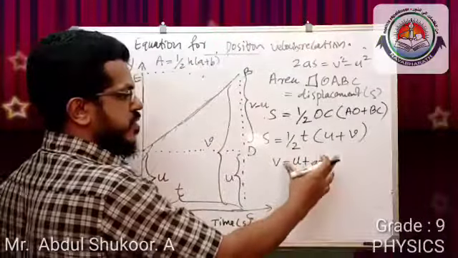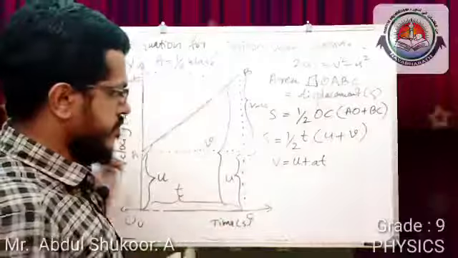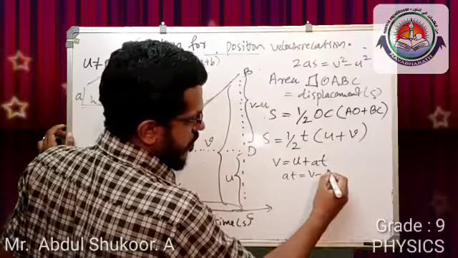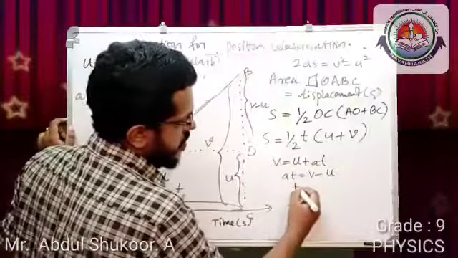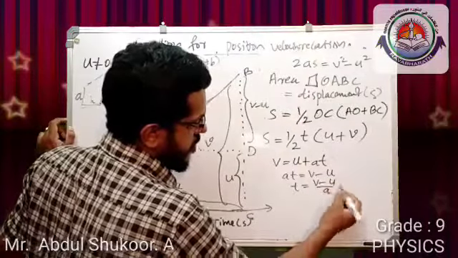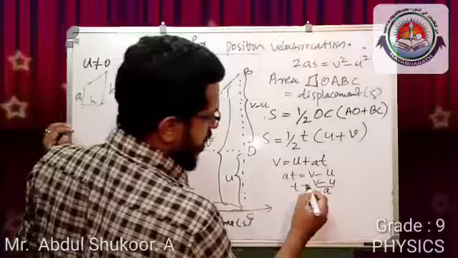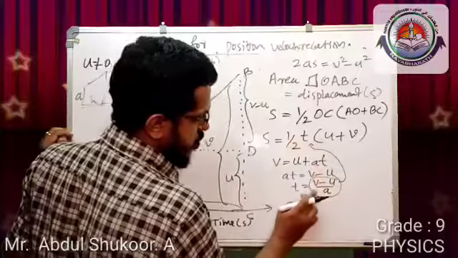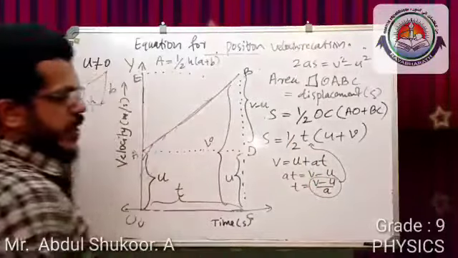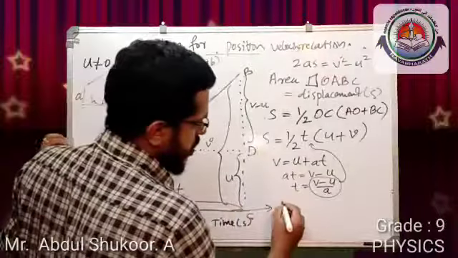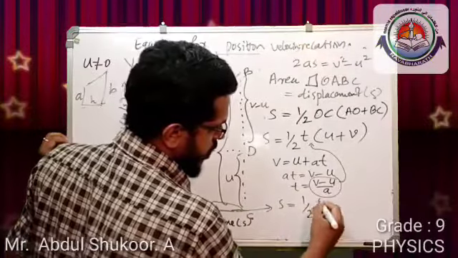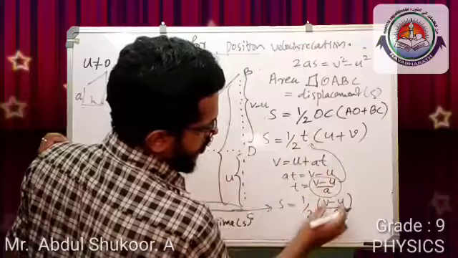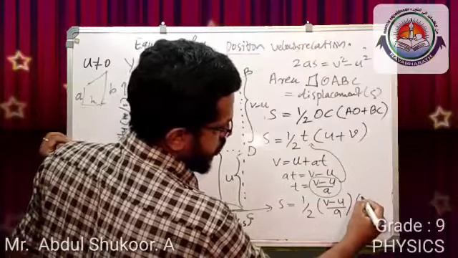If we rearrange this equation to obtain an equation for time, AT is equal to V minus U. Then T is equal to V minus U divided by A. If we substitute this value of T, V minus U by A, in the position of T, then what we get is S is equal to half V minus U by A into U plus V.